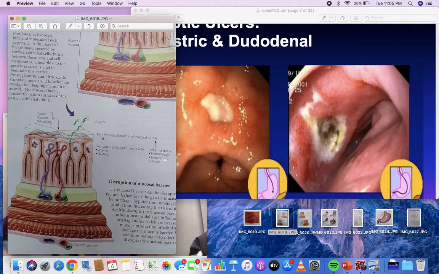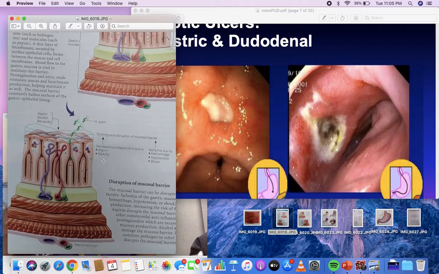Next is the decreased prostaglandin due to aspirin, because aspirin disrupts the mucosal barrier, and along with other non-steroidal anti-inflammatory drugs or NSAIDs, inhibits prostaglandins, which are necessary to maintain mucus production.